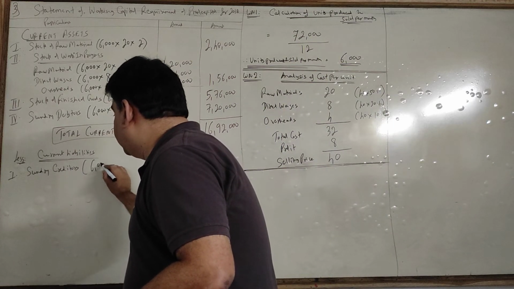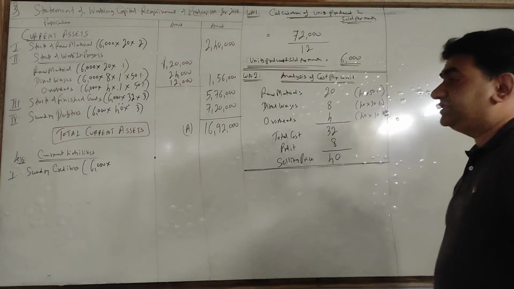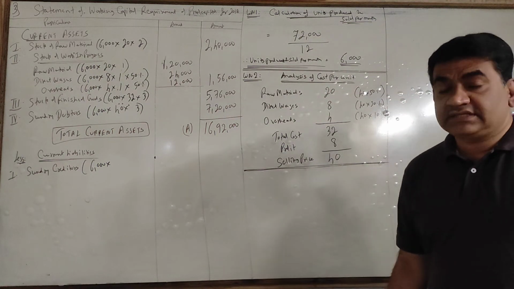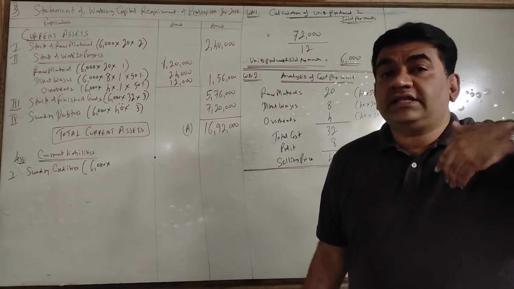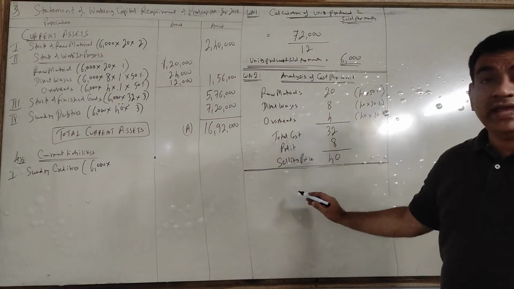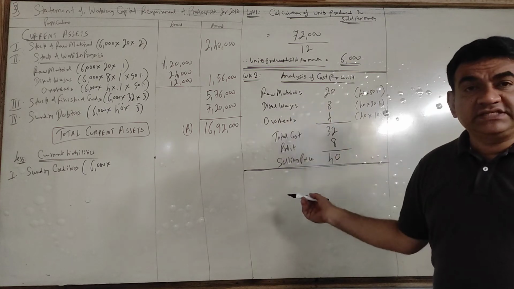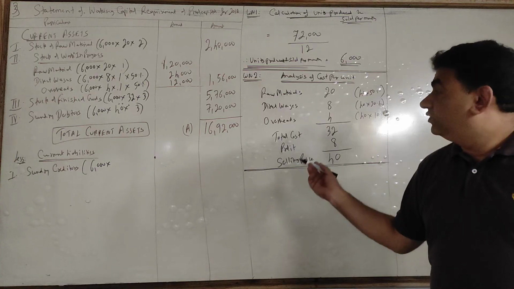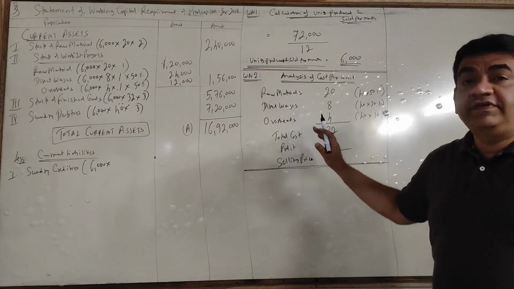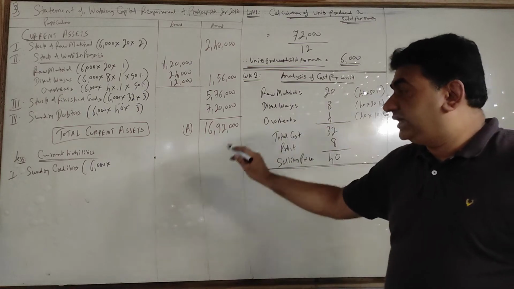Same units 6,000. Now listen. Who are creditors? Creditors are the people from whom we buy goods. Tell me, what will you buy here? Raw material, because you are going to purchase. Wages I cannot buy, overheads I cannot buy. If it is payable, it is called outstanding. So what I will buy is material.